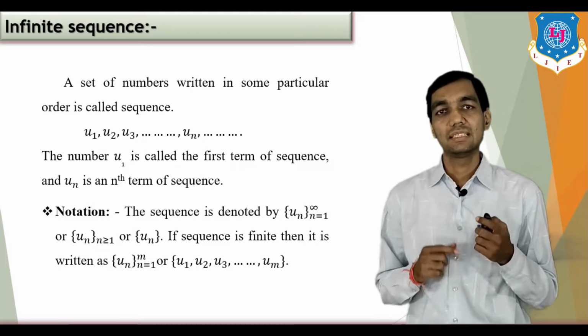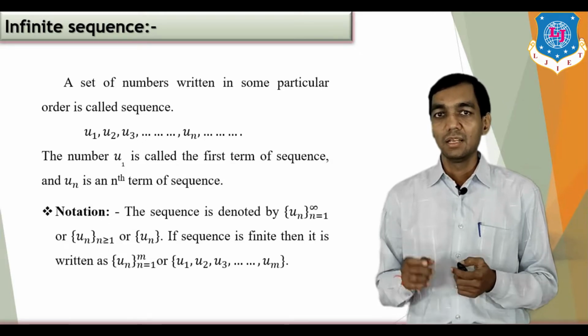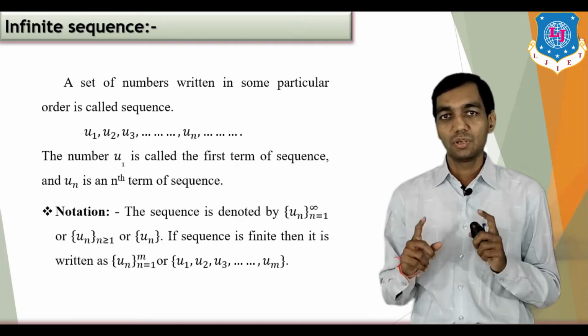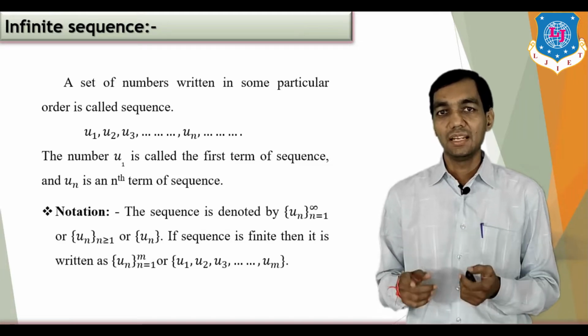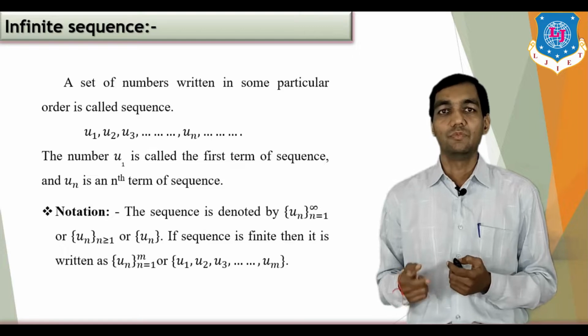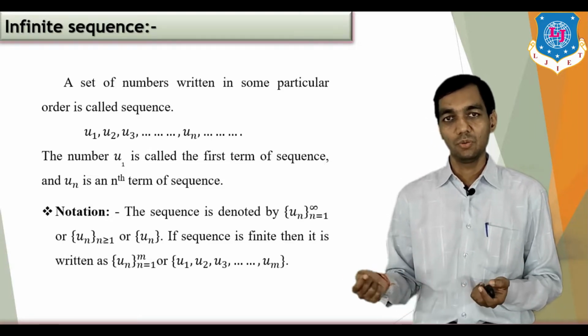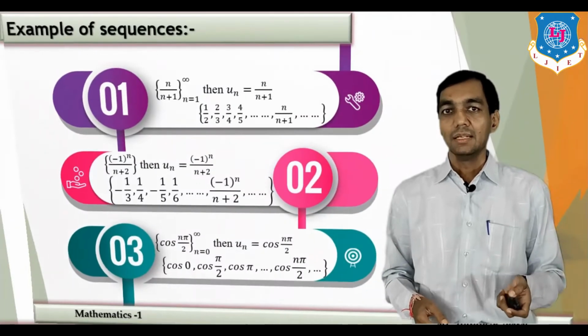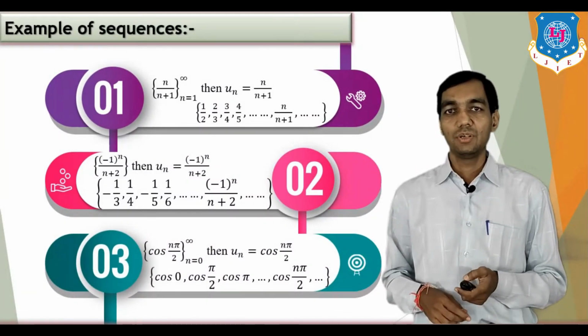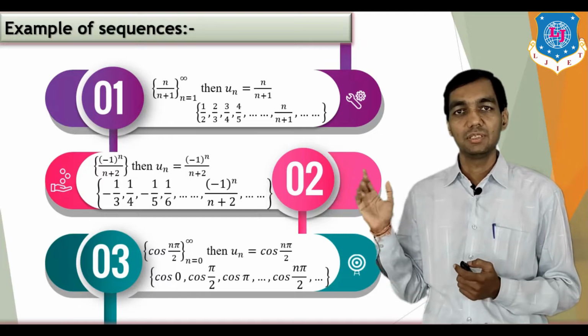If your sequence is finite, then it is written as {un} where n is running from 1 to m, or as the set u1, u2, u3, ..., um.